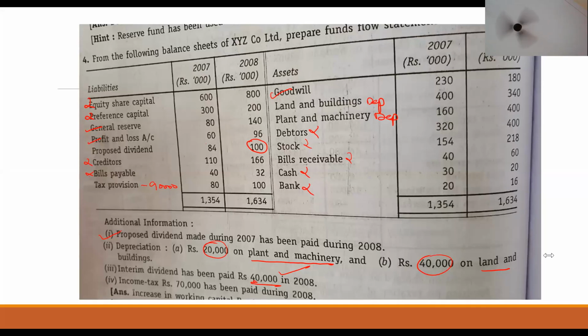So in this question, what are the things we have? You can start with the opening balance of the profit and loss account on the credit side, closing balance on the debit side. After that, general reserve is there, goodwill written off is there, provision for tax is there, proposed dividend is there, interim dividend is there, depreciation is also there.